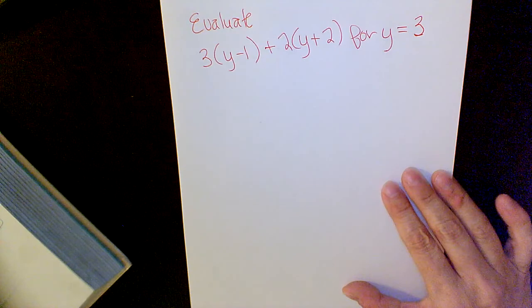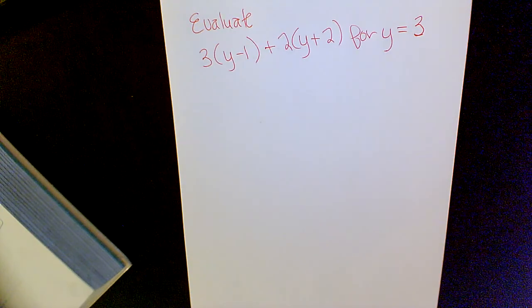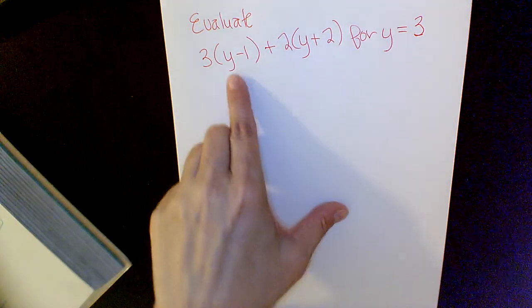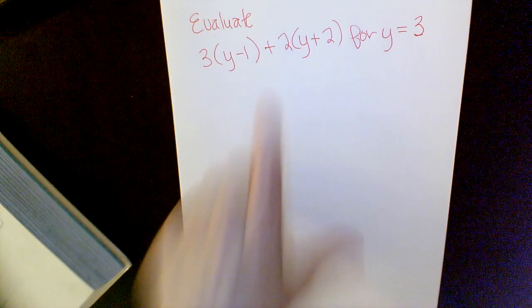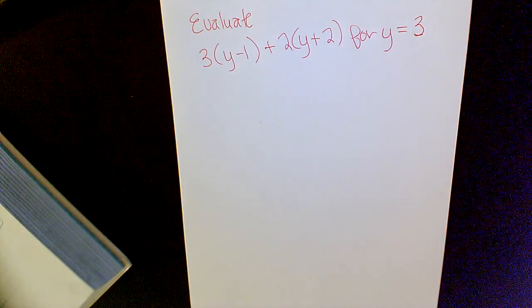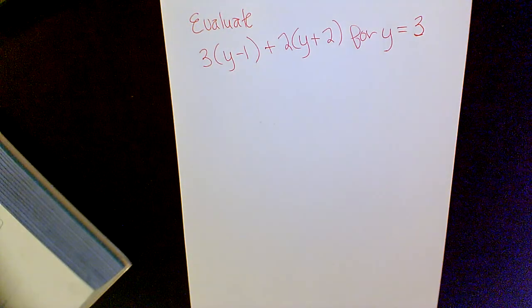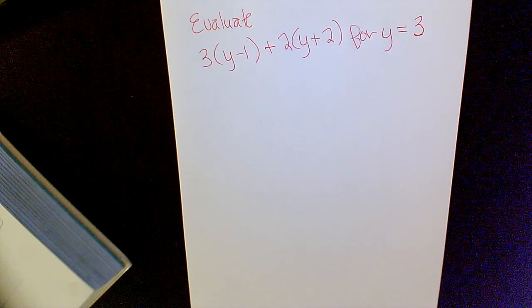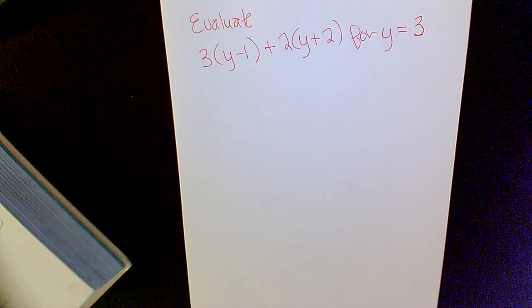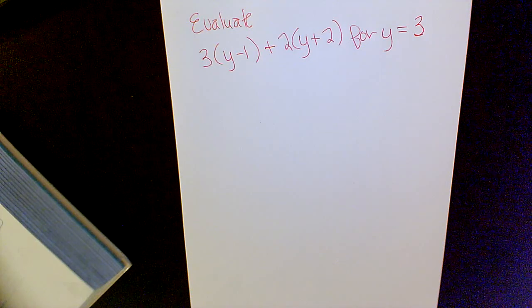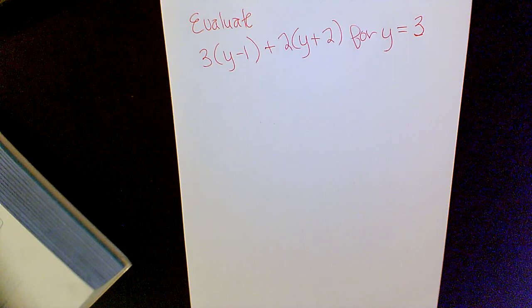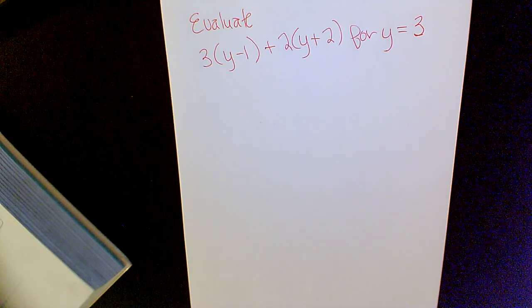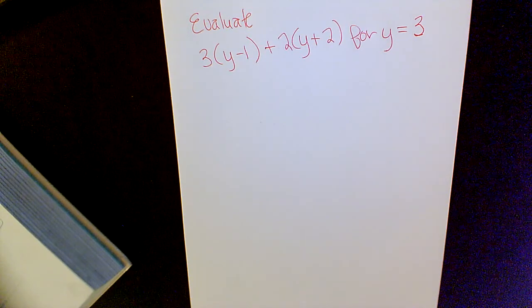I want to evaluate 3 times the quantity y minus 1 plus 2 times the quantity y plus 2 for y equals 3. So I think we can go either way. We can multiply out first, simplify, and then plug in the y, or we can plug in the y first and do the parentheses. I think I'm going to do the first way on this one, but you can do either the first way I showed you or the second way.